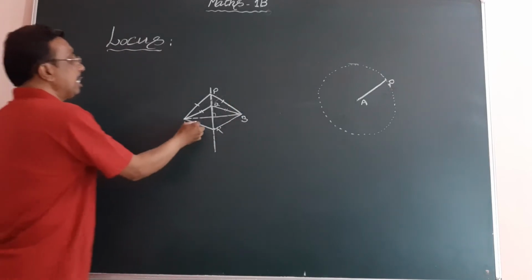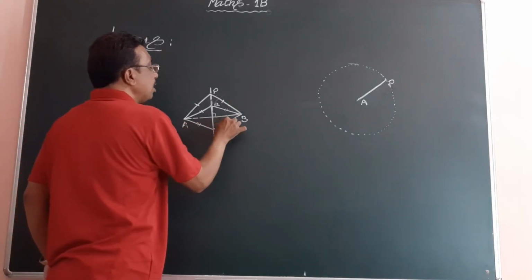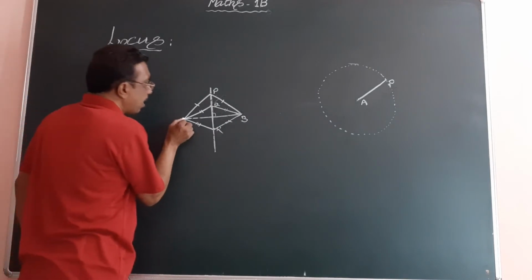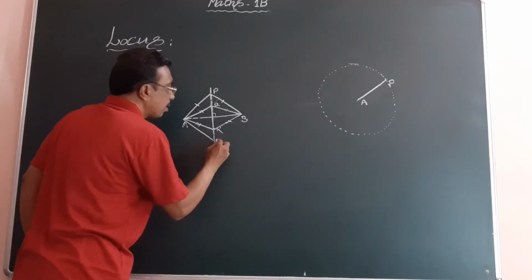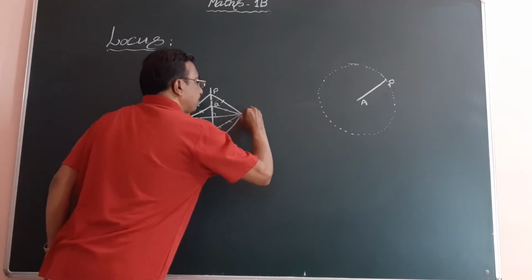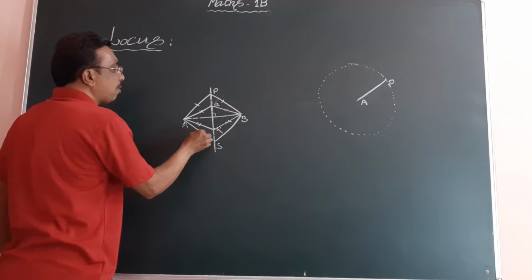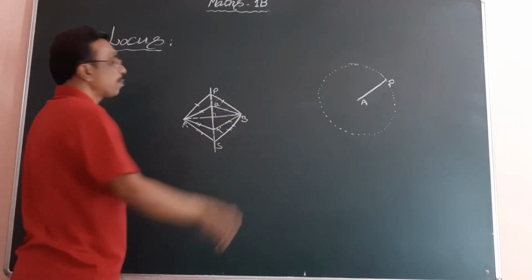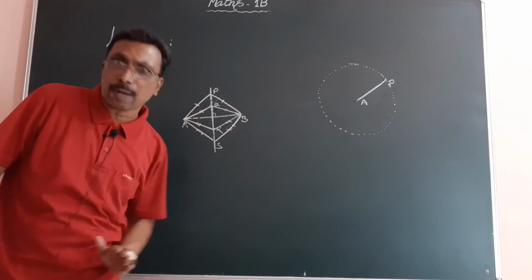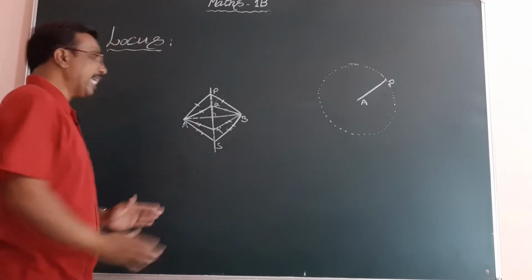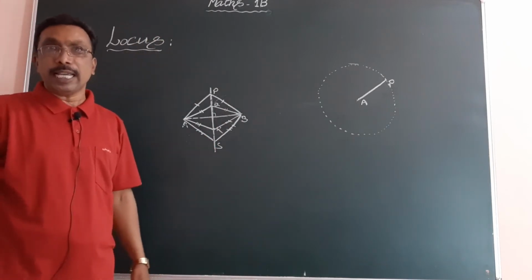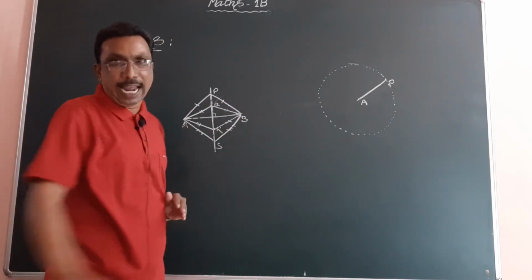So this distance is equal to this distance also. So any point we take on the perpendicular bisector is equidistant from the points A and B.